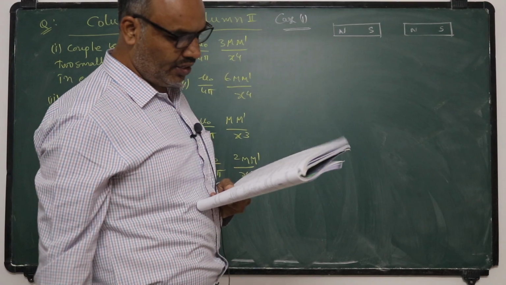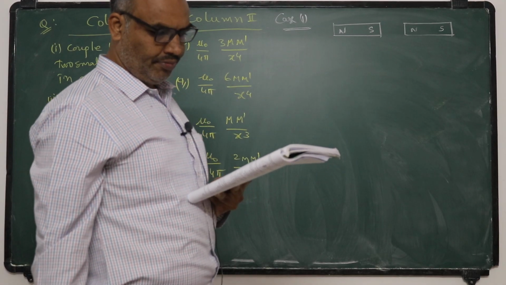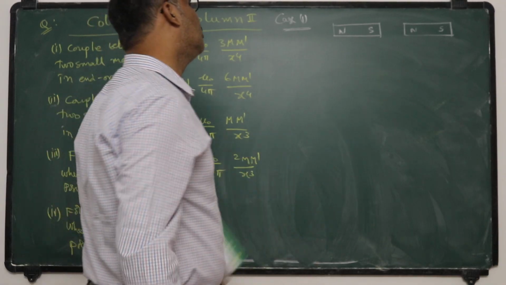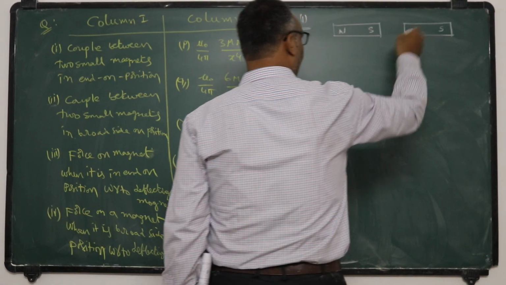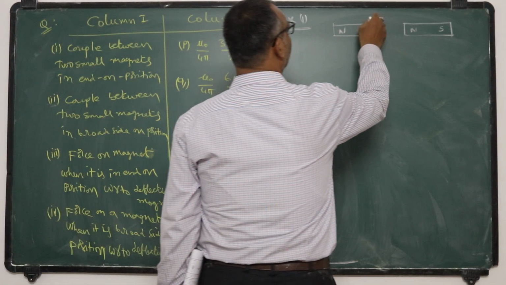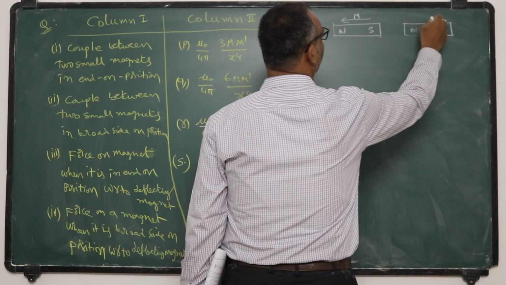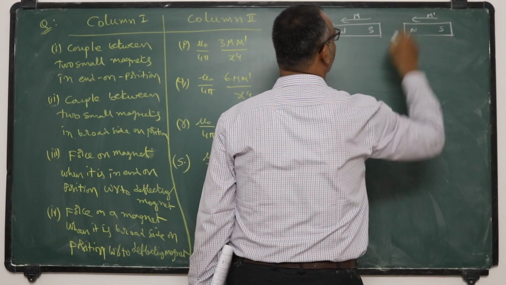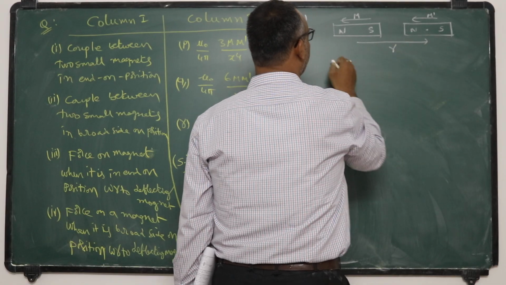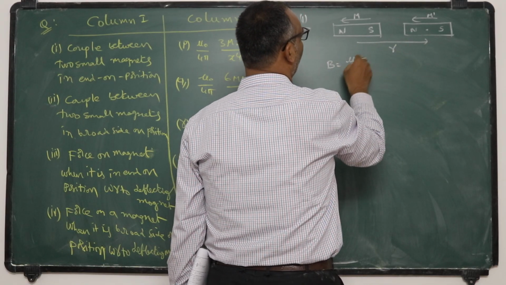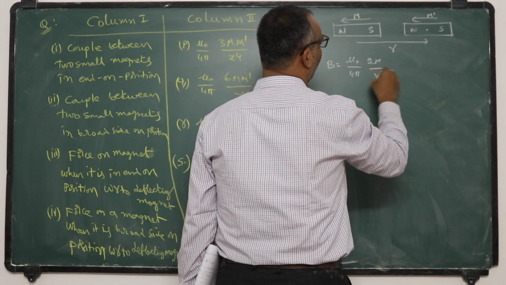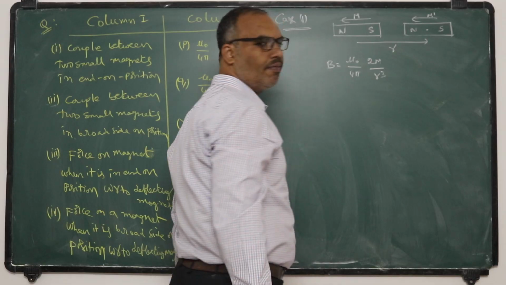We need to calculate the couple between the two small magnets. The magnetic moment of the first one is m and of the second one is m dash. Its magnetic field at this location, suppose this distance is r, is B equal to mu naught by 4 pi, 2m by r cube.